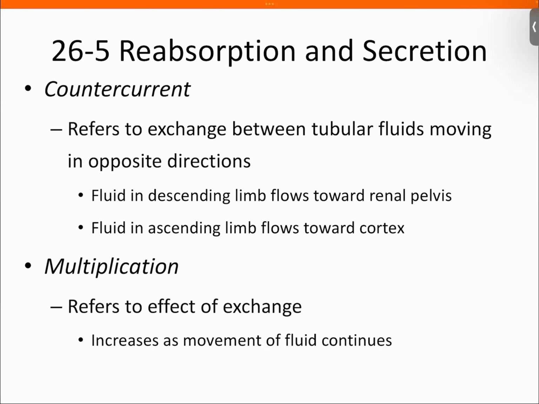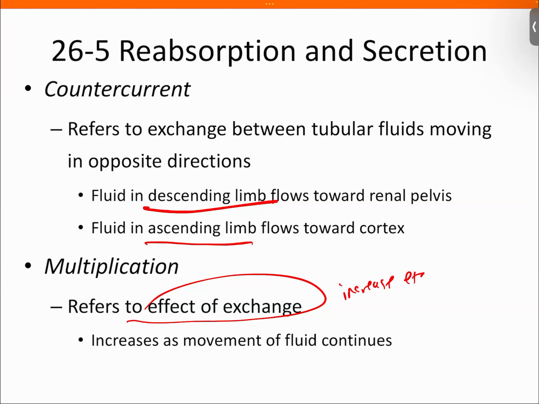It's getting that extra exchange, that facilitation of exchange, because you're moving against each other. The countercurrent component is organized by the structure of the loop, with your descending limb versus your ascending limb. The multiplication refers to the exchange, because you increase exchange by the counterflow.